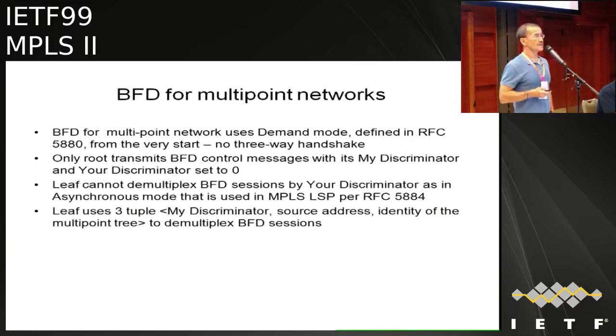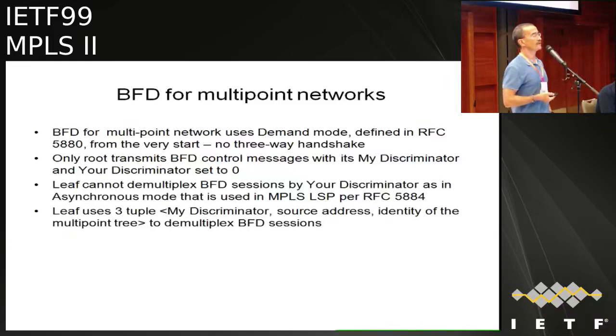Just to give the digest of how BFD works in multi-point networks, it uses demand mode. There is no three-way handshake. Obviously, there is no discriminator allocated by the leaves. All discriminators come from the root. So thus, it complicates demultiplexing sessions by the leaf.